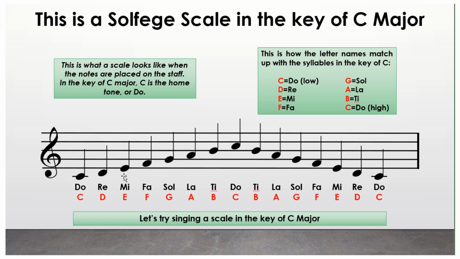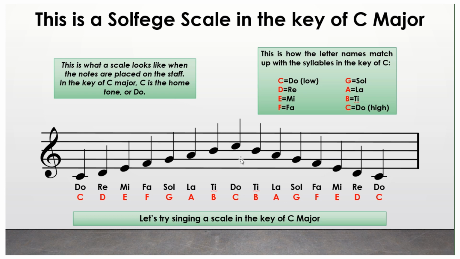When we move up from re to the first line note, we get to mi. Above that, in the first space, is fa. Then up to the second line, we have so. When we move up to the second space, we have la. The third line note is ti, and high do is found in the third space.